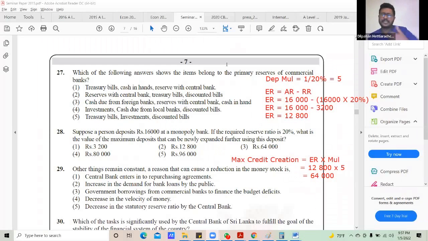Right. That means you have identified the pattern, understood the pattern, and that's how you get the answer for these kinds of calculations. So you can see, they're repeating the same question by changing the numbers and making some little changes, but the mechanism is the same. For the banking system, it depends on these three equations: multiplier, excess reserve, credit creation calculation.